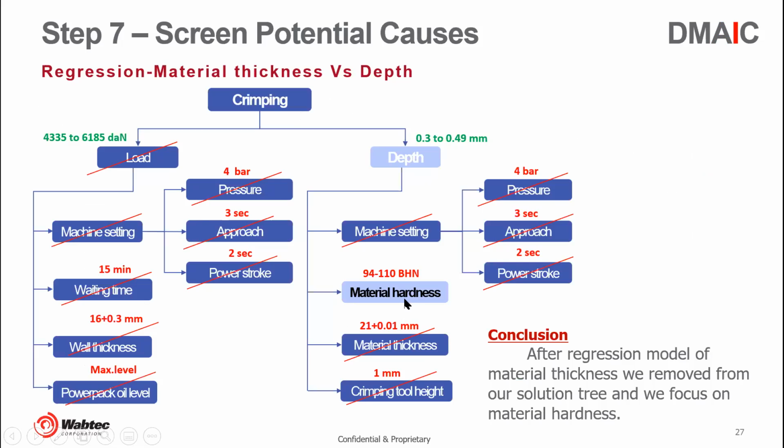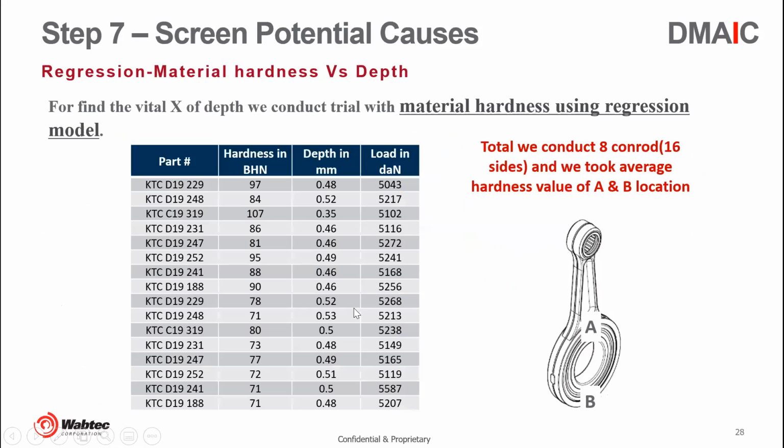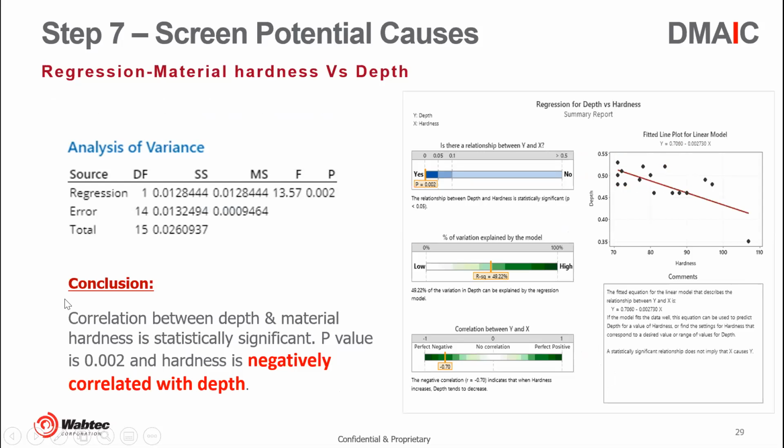material hardness part of it. We adopted the regression model for this, plotted them over here in terms of BHN, and saw the depth in millimeters against the load. We took the same 8 conrods and did 16 sides, understood the hardness values of A and B, then again plotted them in Minitab, and we were able to see that they were negatively correlated with the depth.